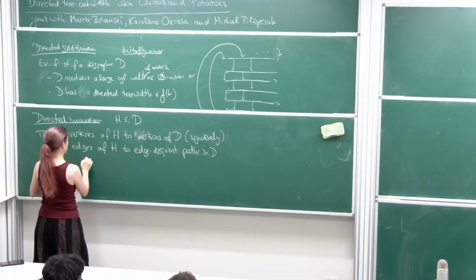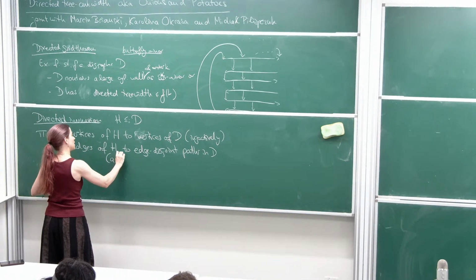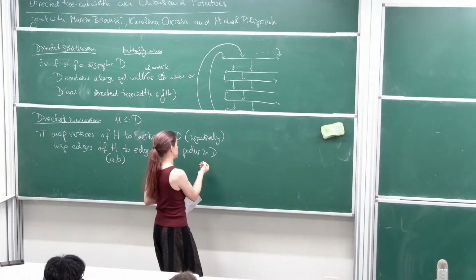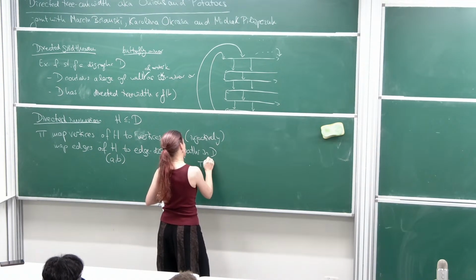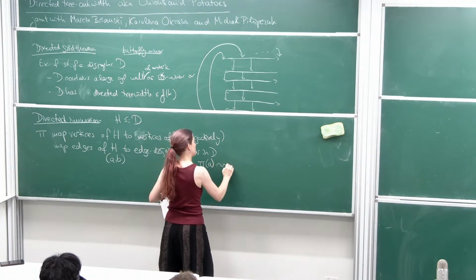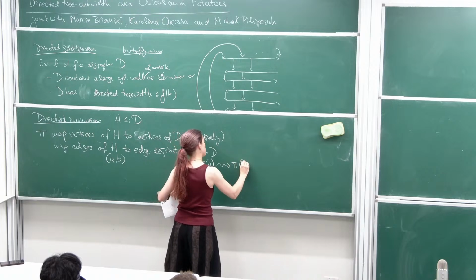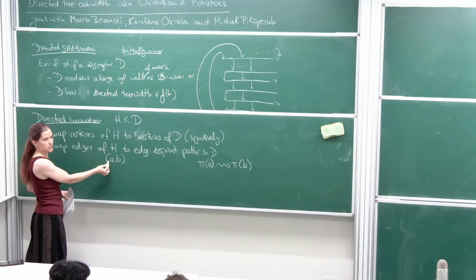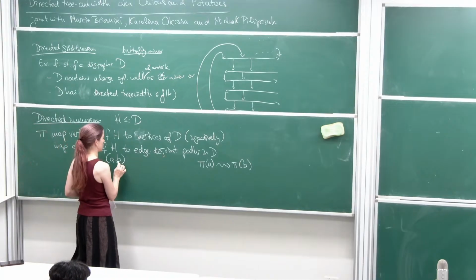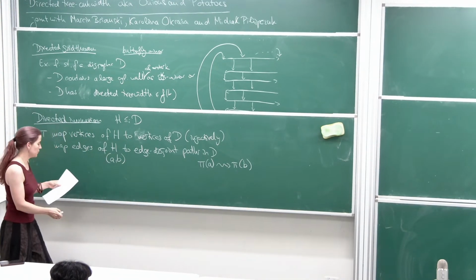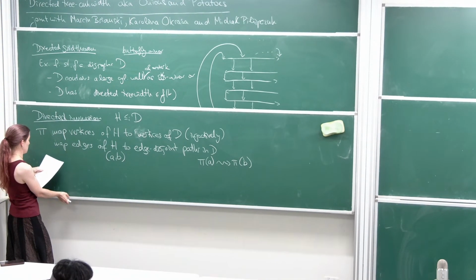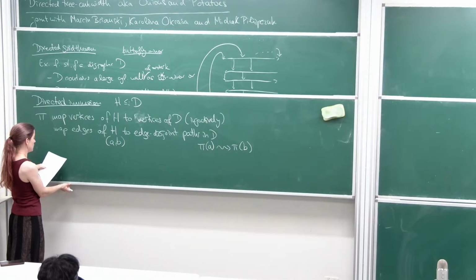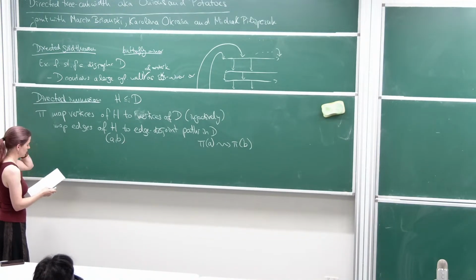If I'm at the edge AB, I map it to a path from phi of A to phi of B. The path starts in the vertex that A is mapped to and ends in the vertex that B is mapped to, and the paths have to be edge-disjoint.